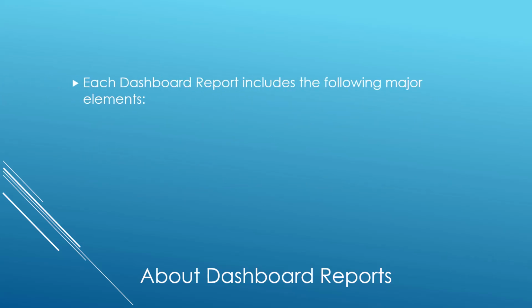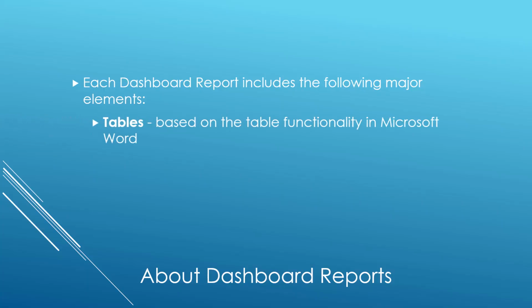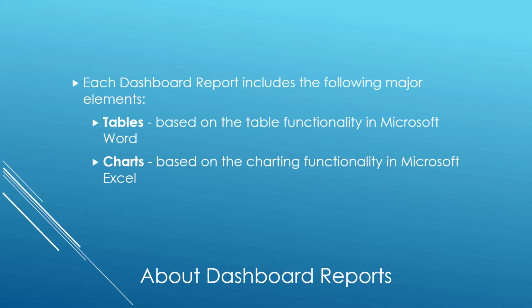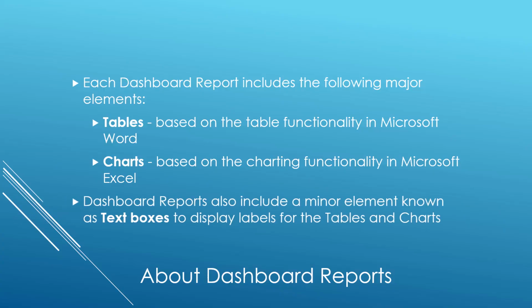Each dashboard report includes the following major elements: tables that are based on the table functionality found in Microsoft Word, charts that are based on the charting functionality found in Microsoft Excel. Dashboard reports also include a minor element known as text boxes that are used to display labels for the tables and charts in the report.